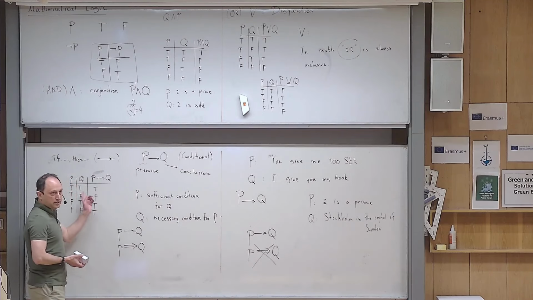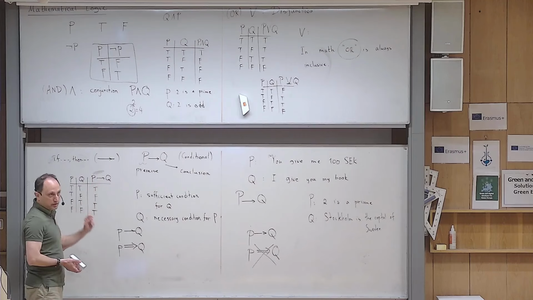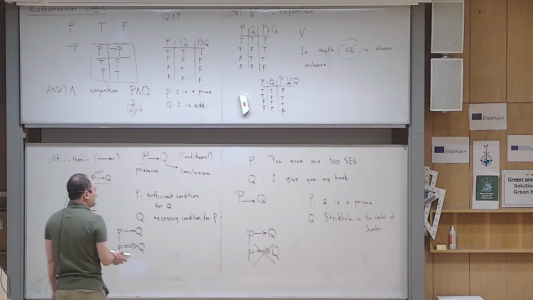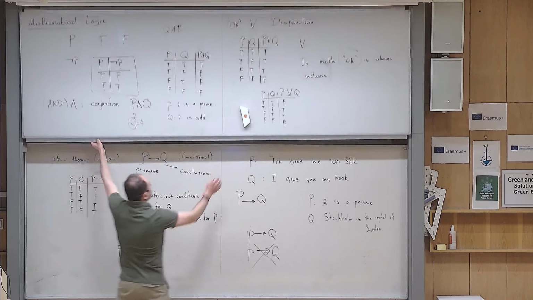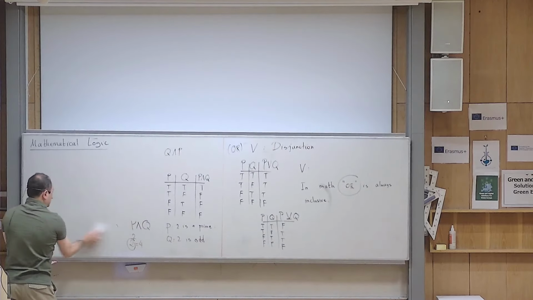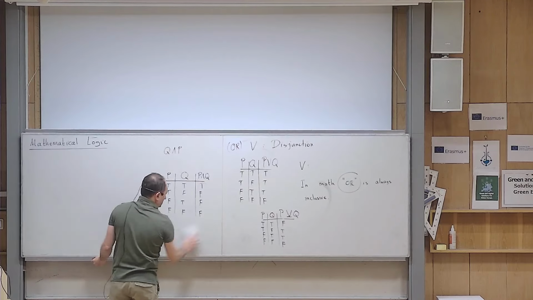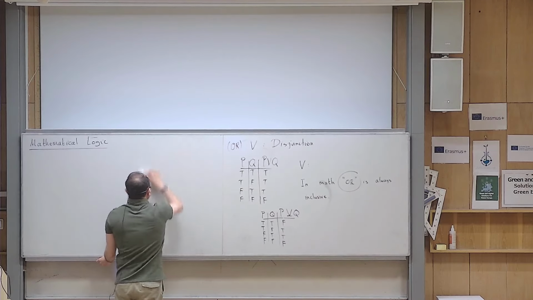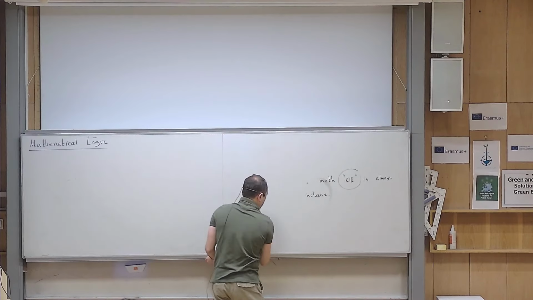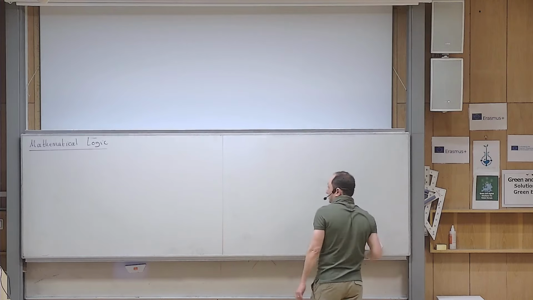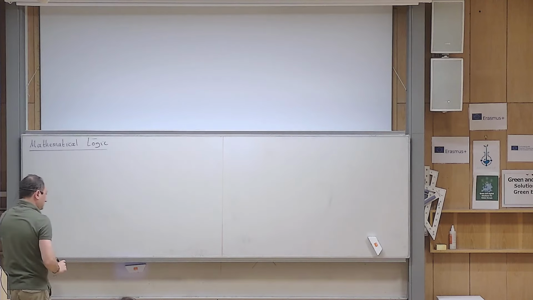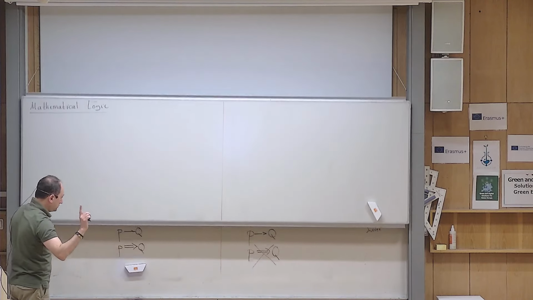The last connective that we want to study is the biconditional, the double-sided arrow. Let me review this once more.